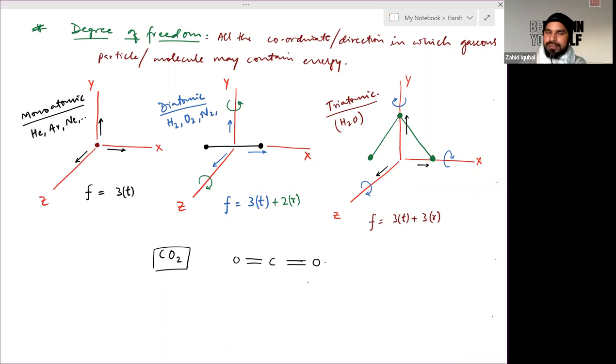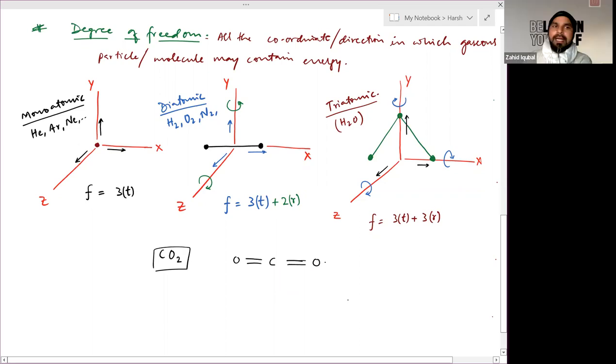It will have 3 translational and only 2 rotational possible. Still, it is triatomic, but it has only 5 degrees of freedom, equivalent to diatomic. So degrees of freedom may also depend upon the geometry of that particular molecule. We have the triatomic water molecule and the triatomic carbon dioxide, but the water molecule has 6 degrees of freedom while carbon dioxide has only 5. So it mainly also depends on the geometry or configuration of these particles. Is it clear? Yes, sir.